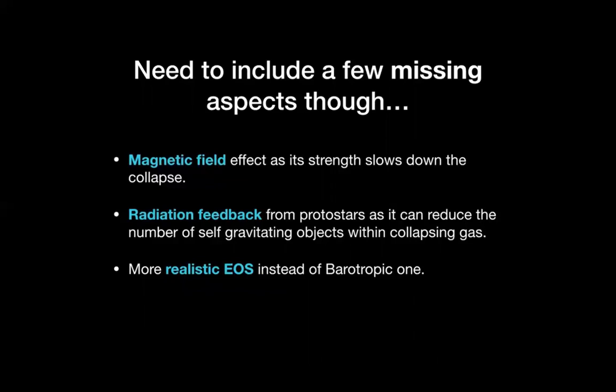This is not part of our simulation, so we ought to take this aspect into account too. Then comes a more realistic EOS. Barotropic EOS is fine, but it's a makeshift arrangement. We ought to solve the energy equation. With this, perhaps we can come up with a concrete idea that yes, there is a transition inside the collapsing gas cores.